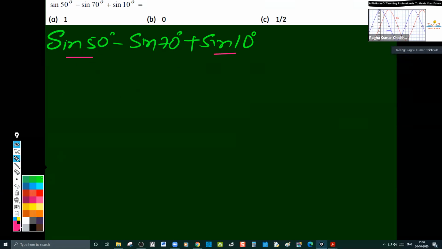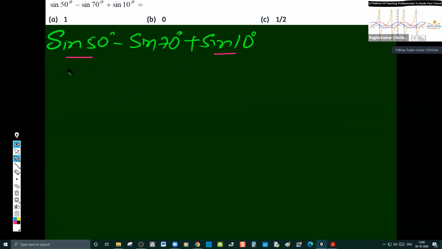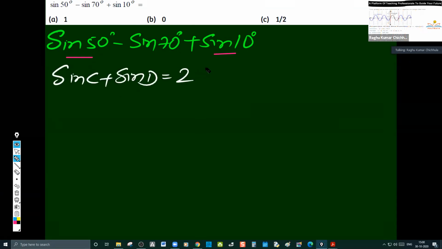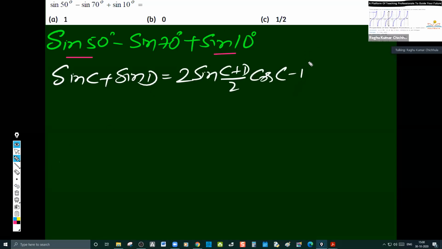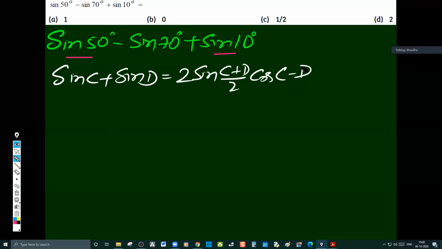Let me write the formula for your reference. Even though you know this, sin C plus sin D is equal to, come on, tell me, Bhavi. 2 sin C plus D by 2 cos C minus D by 2.